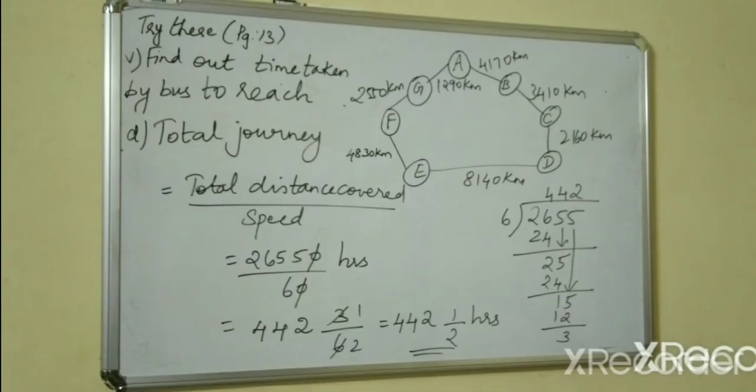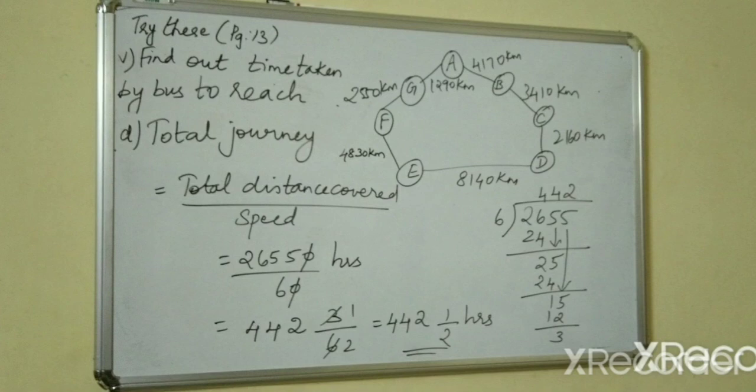Now next one, total journey we have to find. To find the total journey, already we found out the total distance covered. In which question have we found out the total distance? In our previous subdivision we have found out the total distance covered. So the total distance is 26,550 divided by the speed given as 60.